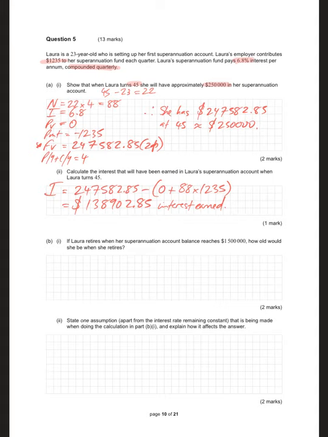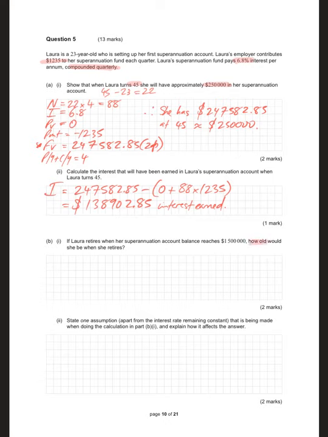If Laura retires when her super account balance reaches 1.5 million, how old would she be when she retires? So how old? It's the same as how long. It's the same as finding n. So finding n, interest rate is 6.8. PV started off with nothing.